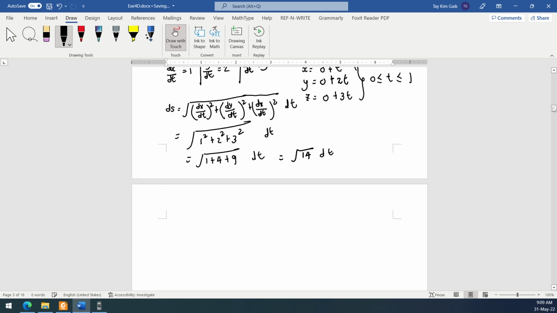Is it ready? Okay, then for 2c, the line integral of e^(xyz) ds along curve C will be equal to the integral from 0 to 1, where x is t, y is 2t, z is 3t, and ds we obtained is square root of 14 dt. So in total you have square root of 14 times the integral from 0 to 1 of e^(5t) dt.